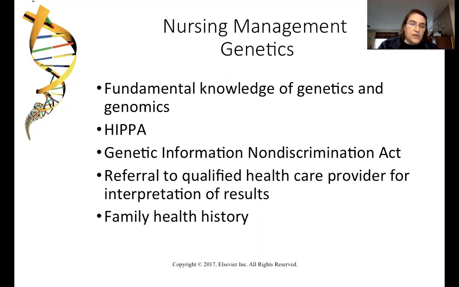You need to know about GINA, the Genetic Information Non-Discrimination Act. And why is that important? Well, let's consider privacy and non-discrimination. Let's say I go get genetically tested and I come back positive for one of the breast cancer genes. So I go through genetic counseling and sure enough, it's correct.